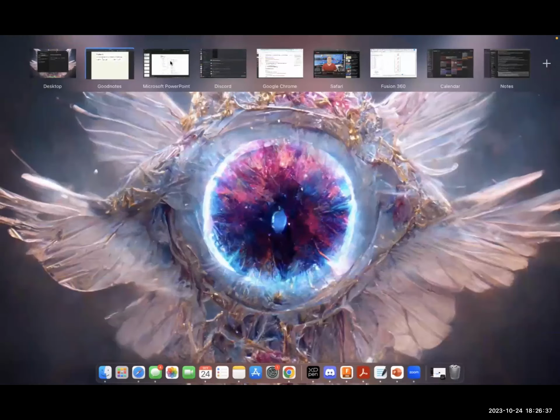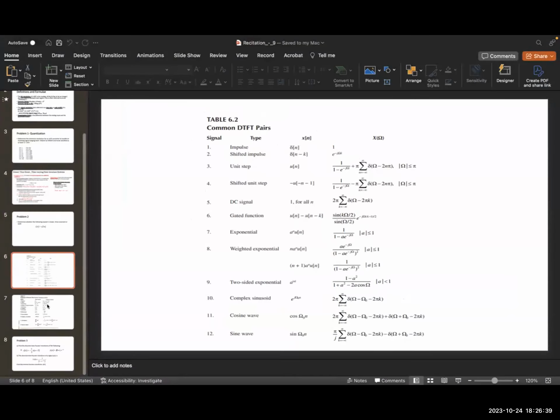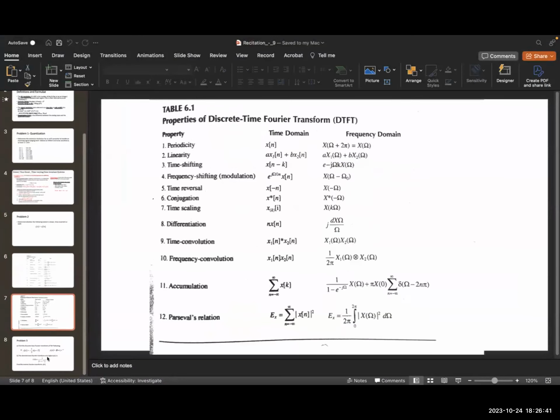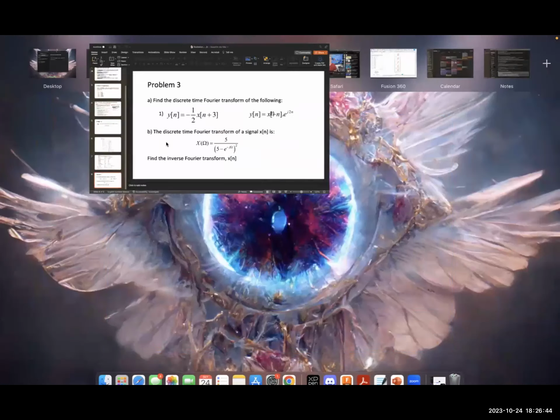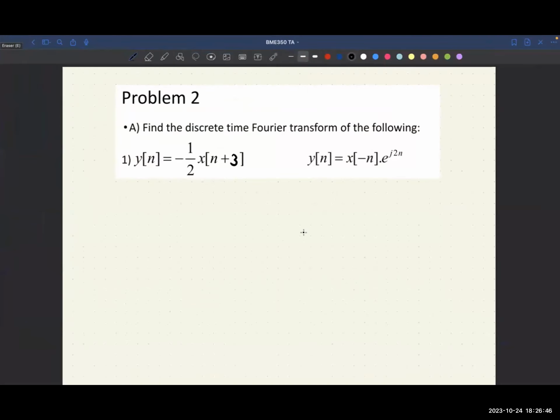Okay. So the question is going to be the same question on our slide here. Let's start with this question. Find the discrete time Fourier transform of the following.